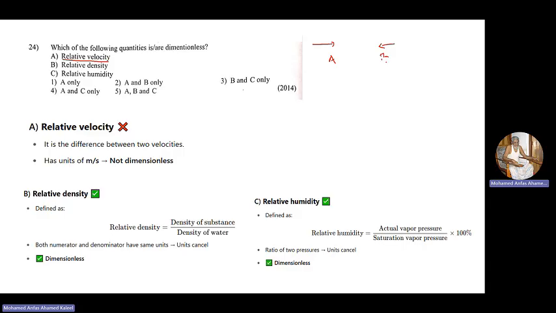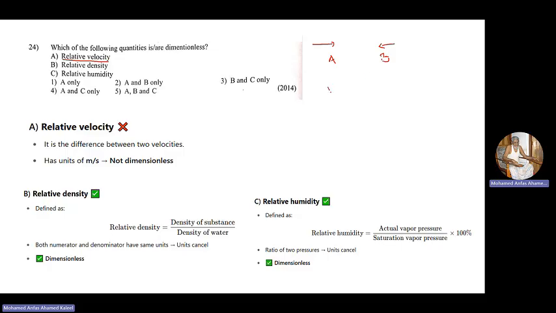You will study later what relative velocity is. In relative velocity, we are determining the velocity based on one frame, referring one unit's velocity to another one. It is just the difference between two velocities.